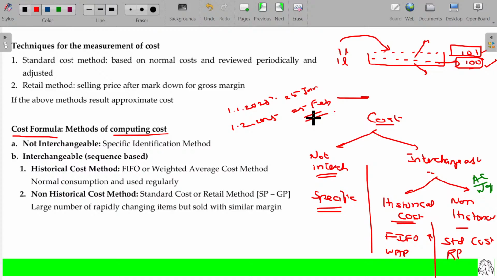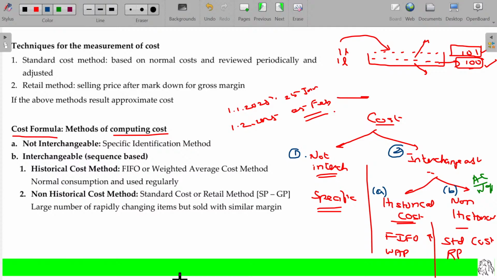Non-interchangeable. So how can we determine the cost, sir, as per the cost formula? First, you have to follow the non-interchangeable method. If you are not able to follow the non-interchangeable method, then you can go for the interchangeable method. In that interchangeable method, you have to follow the historical cost method first. If you are not able to follow the historical method, only then you can go for the non-historical cost method.